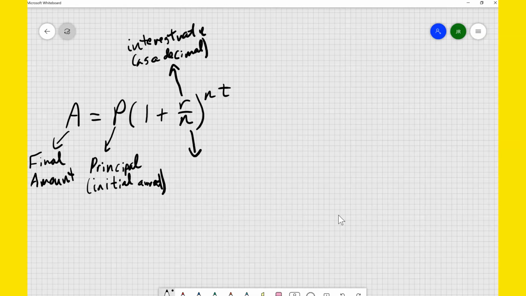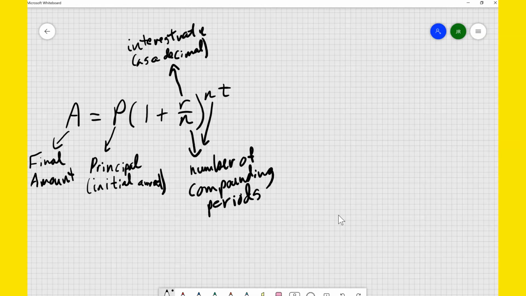The N in both of these places here, that is the number of compounding periods. I'm going to try to make this simple for you by just saying this is the number of compounding periods per year. It doesn't have to be per year.